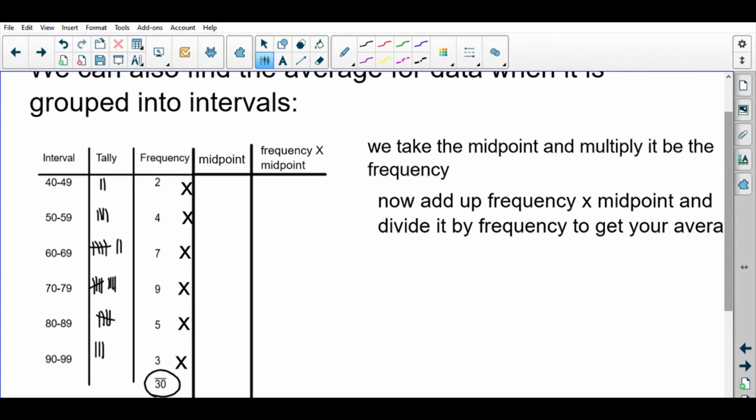The number in between 40 and 49 is 44. The midpoint between 50 and 59 is 54. I'm going to keep going and write the midpoint of each interval.